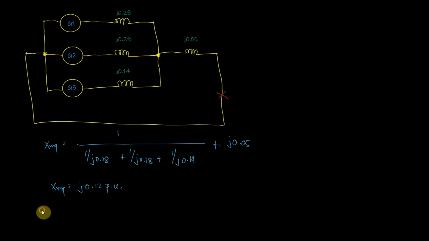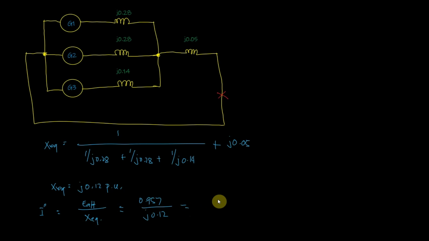And then yung ating sub-transient current, fault current at the point of fault is equal to supply or source voltage, which is yung sa alternator, divided by yung ating equivalent reactance up to the point of fault, which is yung 0.12. So substitute natin yan, 0.957 divided by J0.12. Okay?